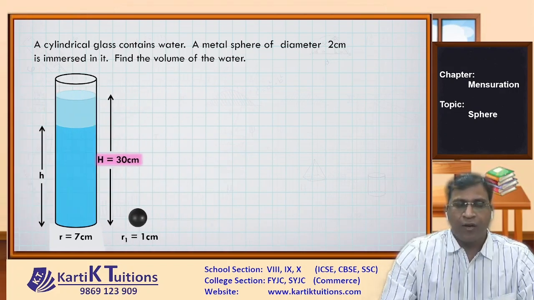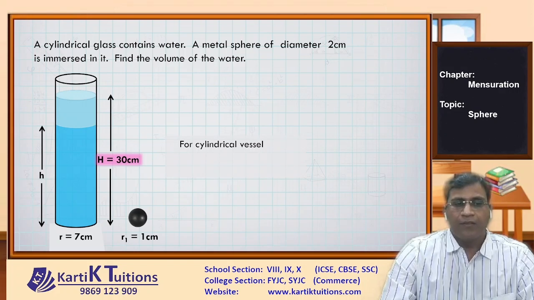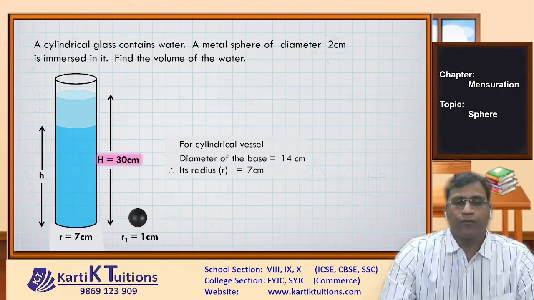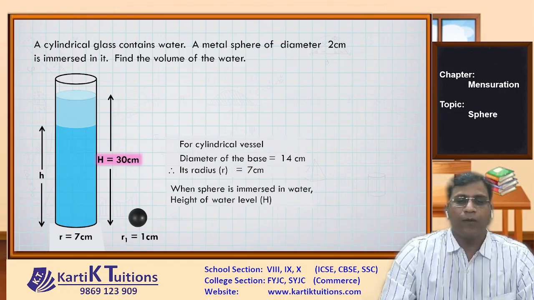Now just try to understand, for the cylindrical vessel the diameter is given to us as 14 centimeter. So basically our radius becomes 7 centimeter. I hope you understood this much. But when we talk about the sphere, ठीक है, स्पीयर को जब डाला तो पानी बढ़ गया, तो उस टाइम पे हाइट था 30 सेंटीमीटर.